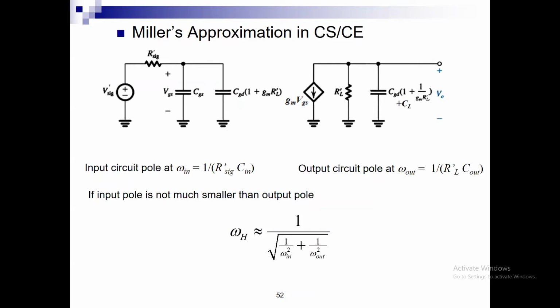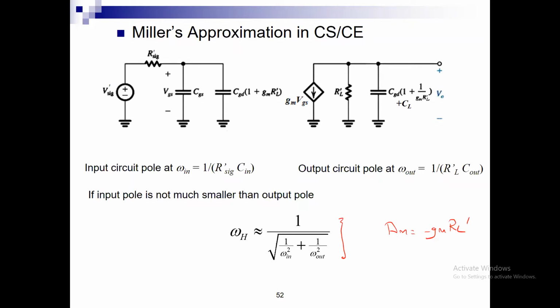Because I only have poles, it will be 1 over square root of summation of 1 over omega pi squared, and like we see here, I still know what AM is, it's minus GmRL prime, so I can express the transfer function in a simplified form. Of course, I can still solve for the exact solution as well, meaning draw the Bode plot for the exact solution.